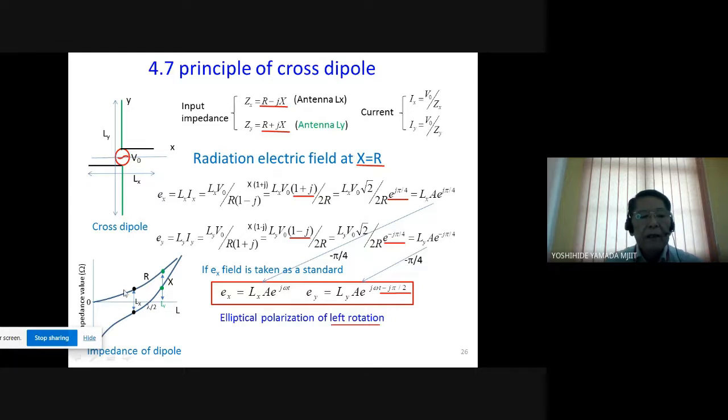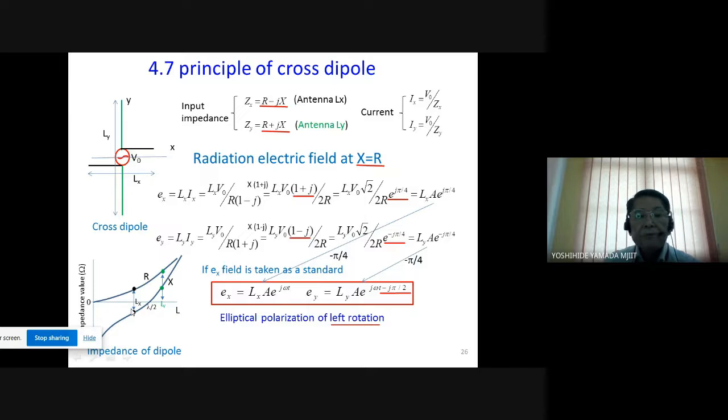If the horizontal wire length is a little bit shorter than half wavelength, and the vertical wire is a little bit longer than half wavelength, then the vertical antenna impedance becomes R plus jX, and the horizontal wire antenna impedance becomes R minus jX.